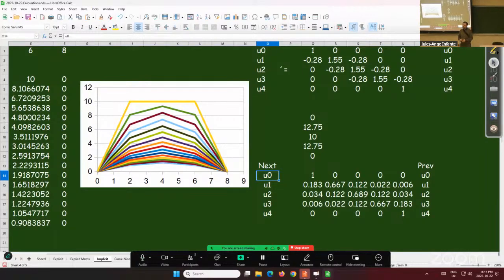So one question is, if this is the case, should we perform one more time step in the implicit versus the explicit method?